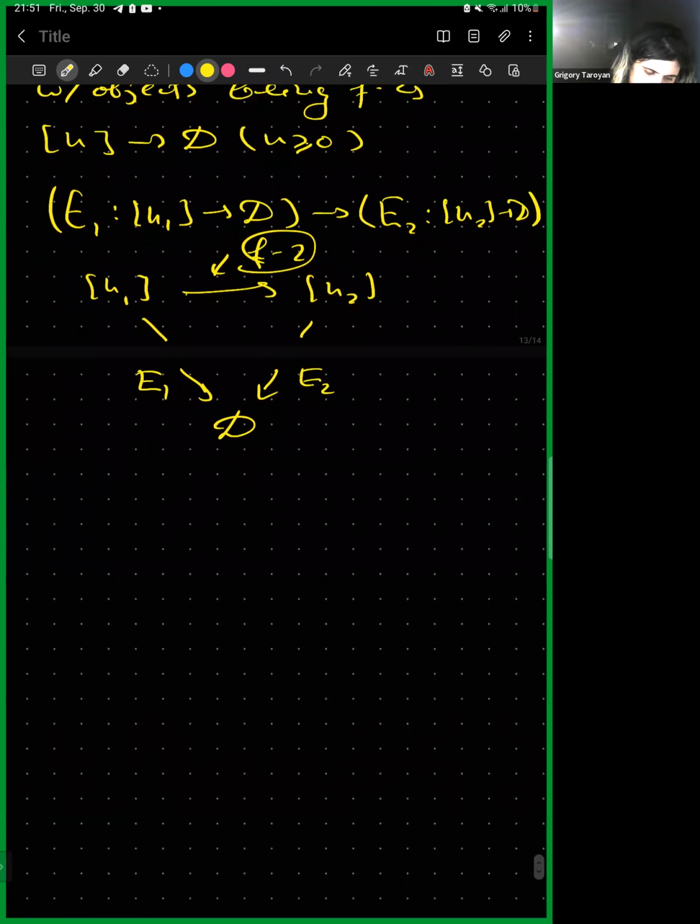But that's the same thing as requiring that it is just some functor between these categories.